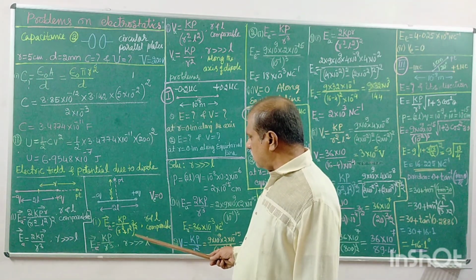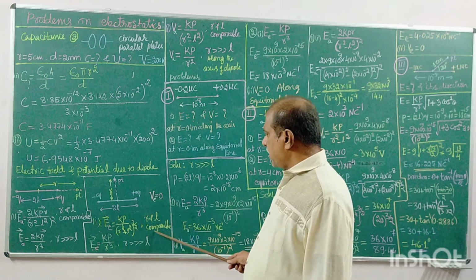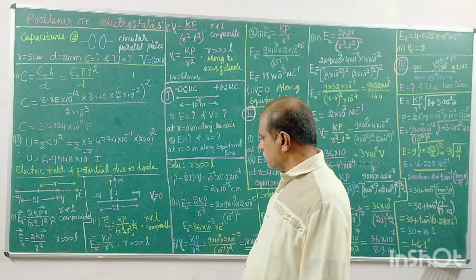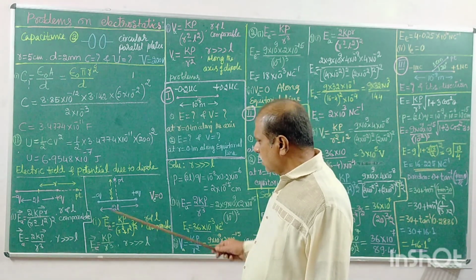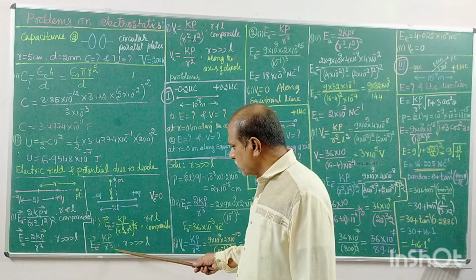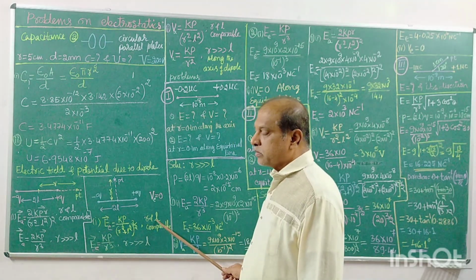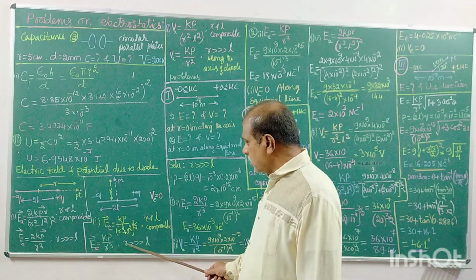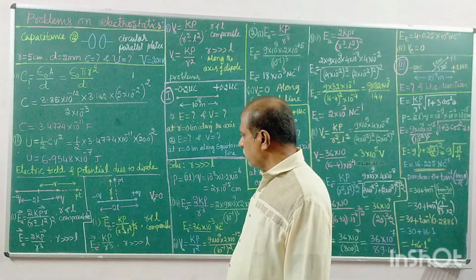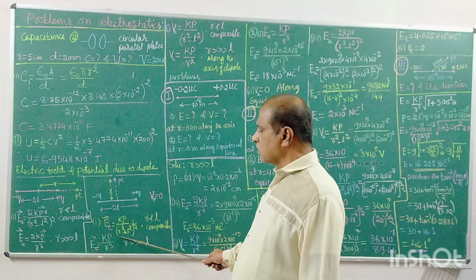This is the equation when the values of R and L are comparable. The same equation reduces to kp by r cube if R is far greater than L. These are the equations. Just recall this.